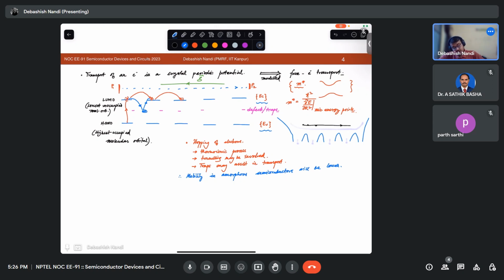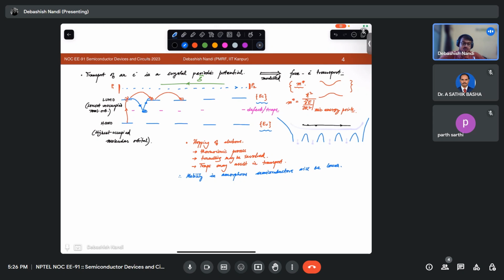By the way, what is the mobility of electrons in silicon? The value, anyone? You can guess it, right?